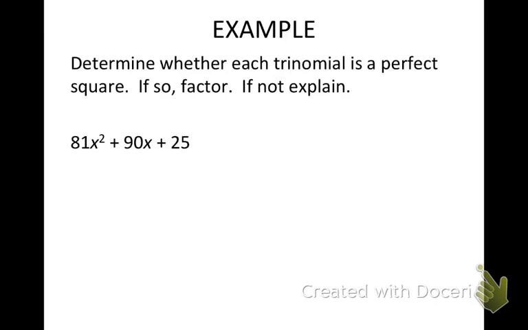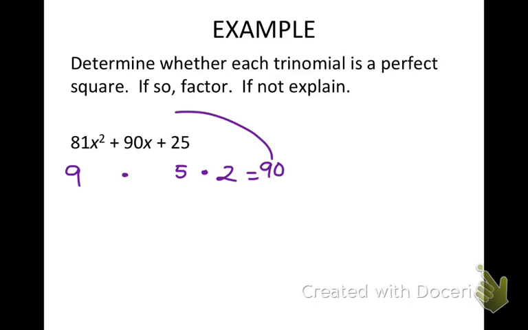Write down 81x squared plus 90x plus 25. First and last perfect squares? Yes. So now the tricky part is checking that middle term. The square root of 81 is 9. The square root of 25 is 5. So if I multiply those, and multiply it by 2, do we get the middle term?